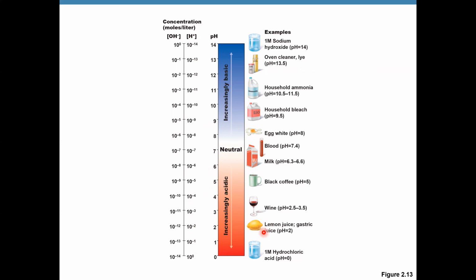All right, so here lemon juice or hydrochloric acid that is found in your stomach has very, very strong acidity. And over here, oven cleaner, ammonia, bleach, sodium hydroxide, they have very high pH, so they are really alkaline solutions.